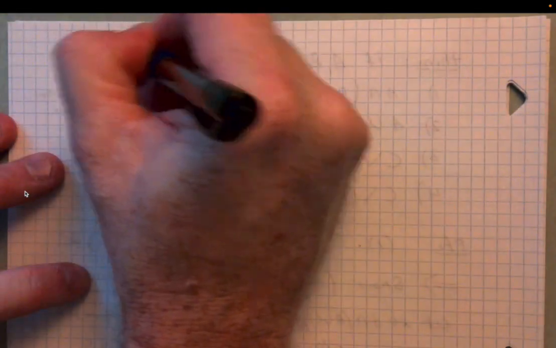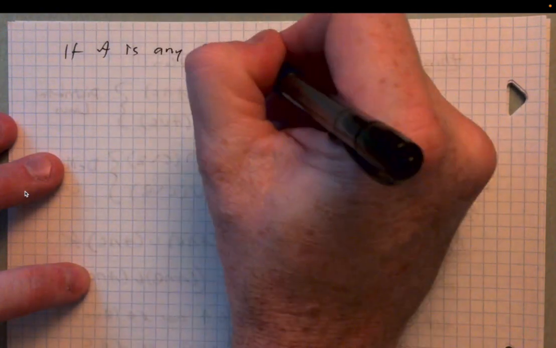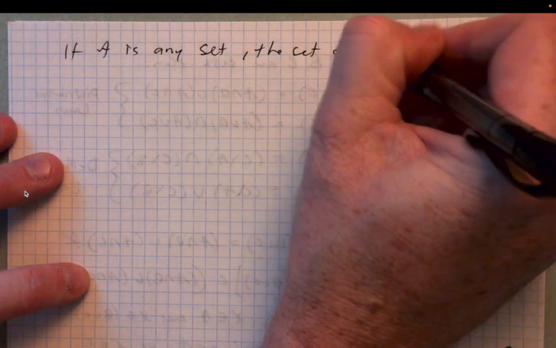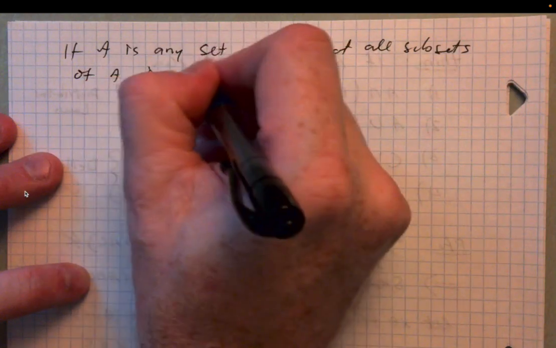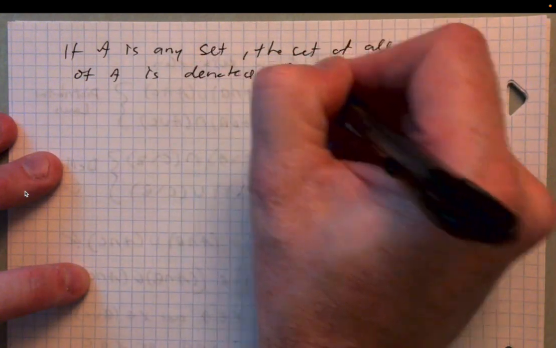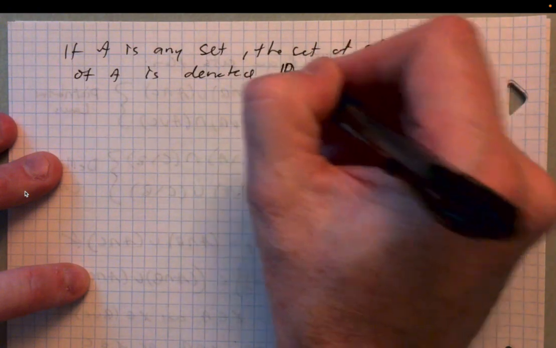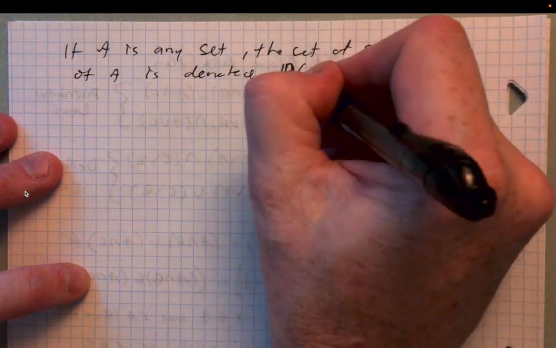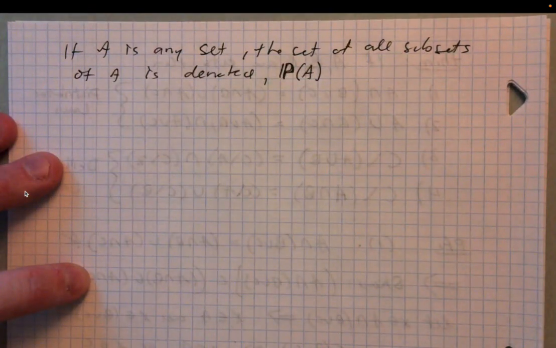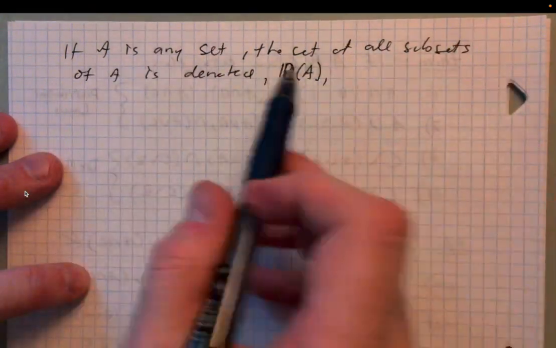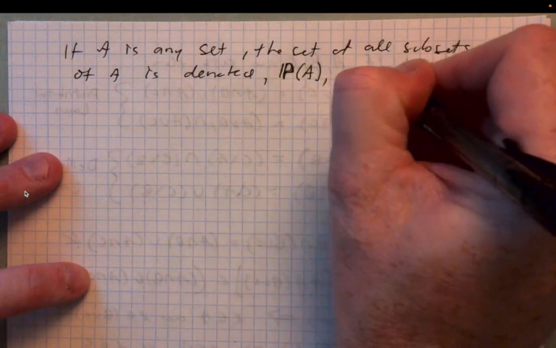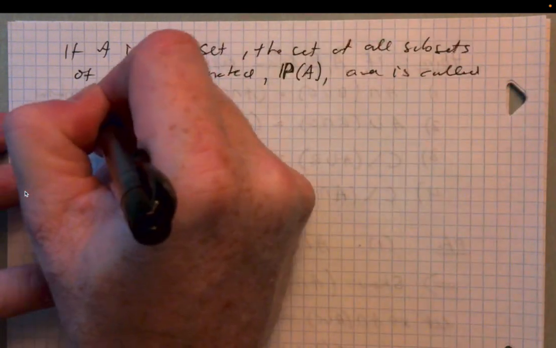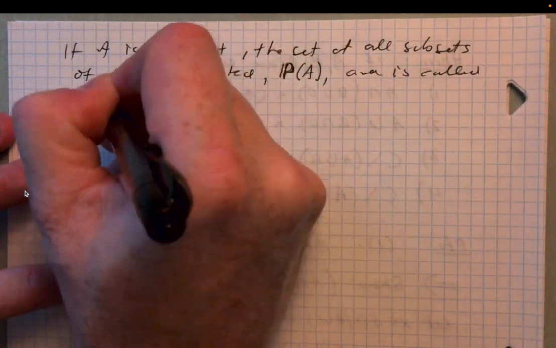So if A is any set, then the set of all subsets of A is denoted, well, usually we use some kind of a script on this P, but it's basically a fancy P of A, and this is called the power set of A.